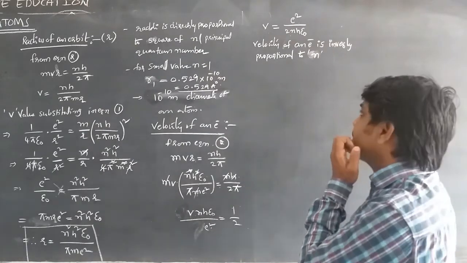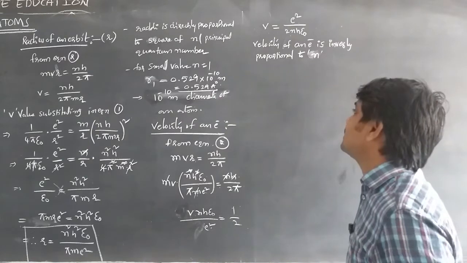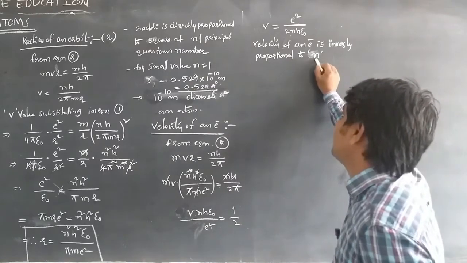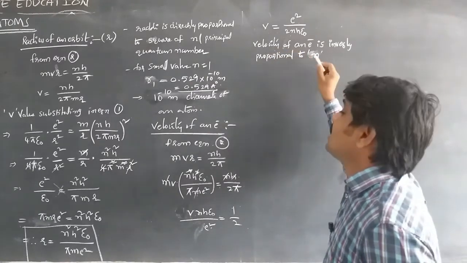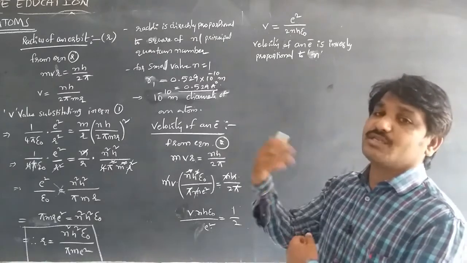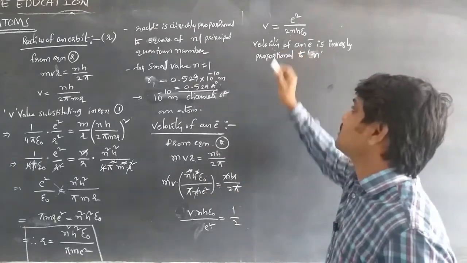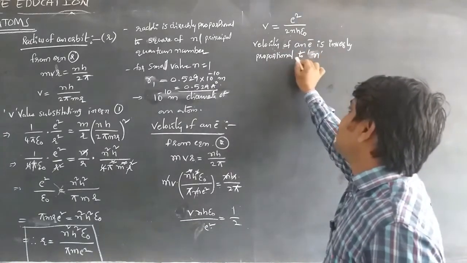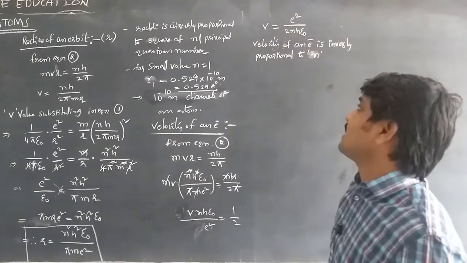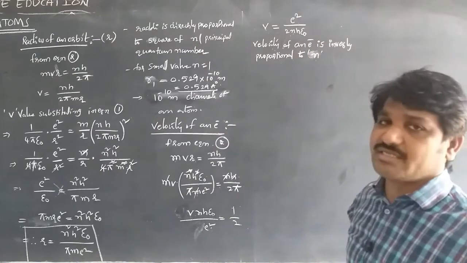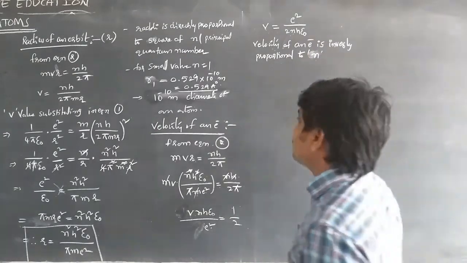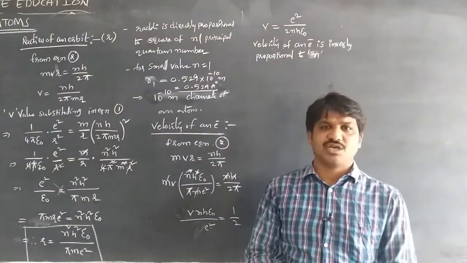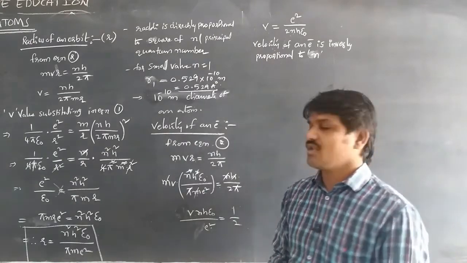The innermost orbit has the greatest velocity, and as n, the number of the orbit, increases, the velocity of the electron decreases. So the velocity of an electron is inversely proportional to n, where e square by 2 h epsilon naught is a constant. Again, from this we can find that when the electron is revolving in a stationary orbit, it has some frequency.